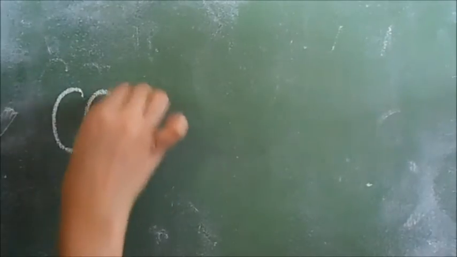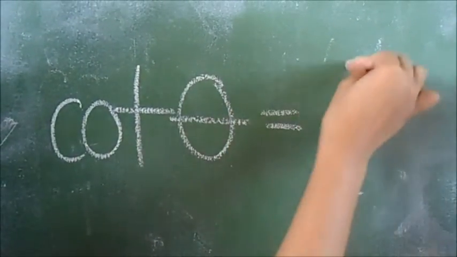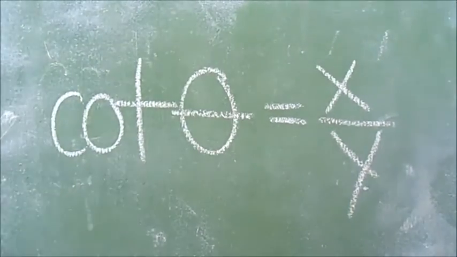And of course, for cotangent, we just need to get the reciprocal of tangent theta, or x over y. So now that we know this stuff, let's try doing it, shall we?